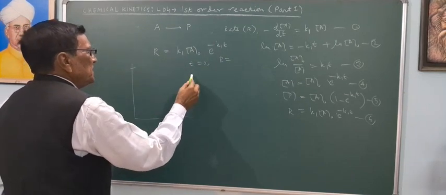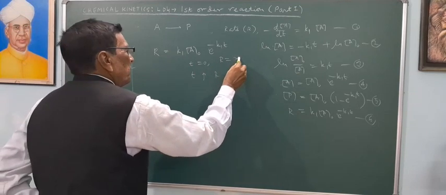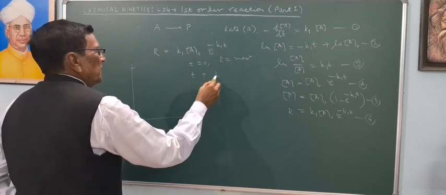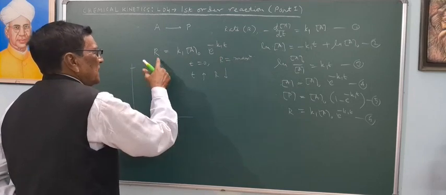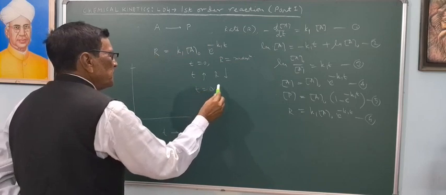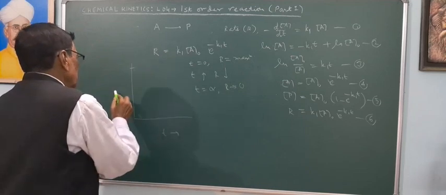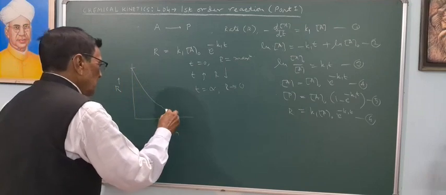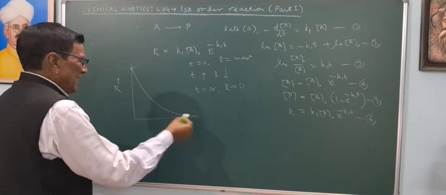As T increases, this value decreases, so R is also decreasing. When T equals infinity, R tends to 0. So here is R, and the curve will be like this: maximum value at the start and decreasing exponentially.